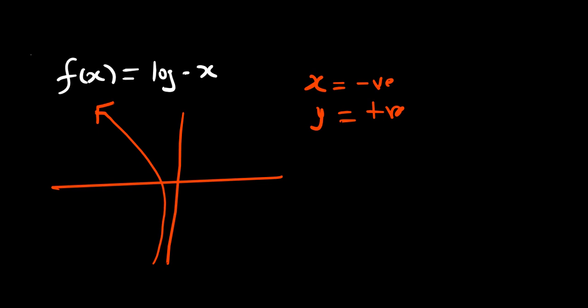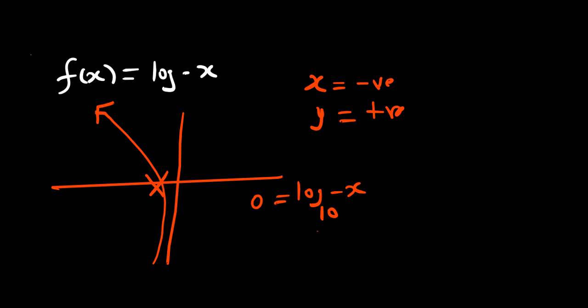Then we're going to cut at a point, and you can find that point. You know that on the x-intercept, y is equal to 0. So if I put 0 there, 0 is equal to log of negative x. And you know that if you haven't been given the base, the base is 10. So you have to change this one to exponentials.